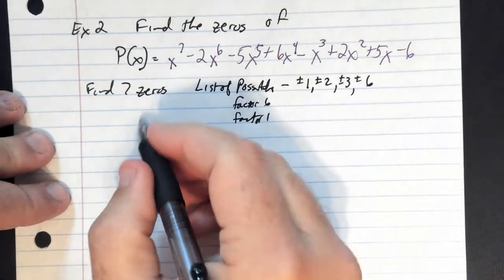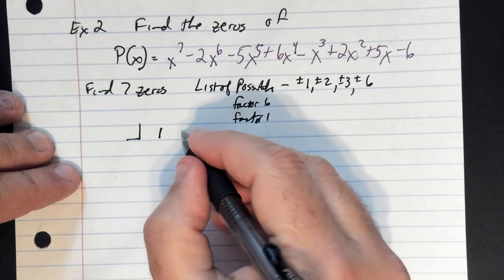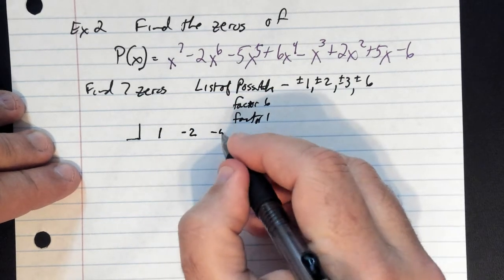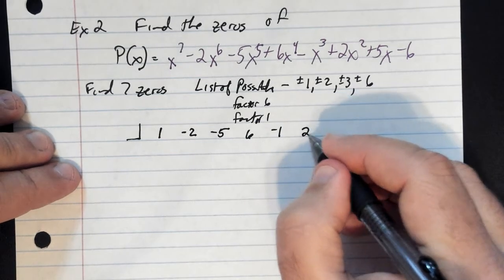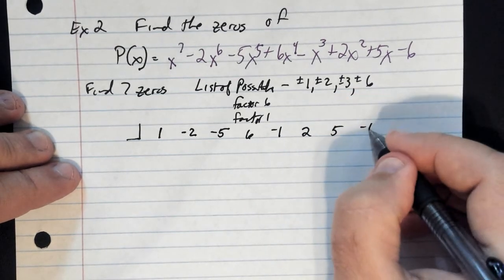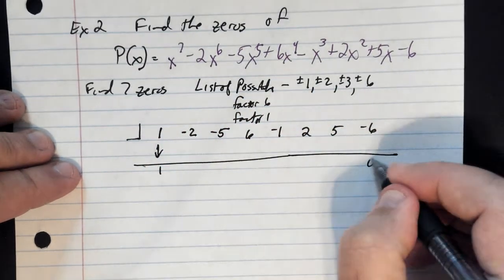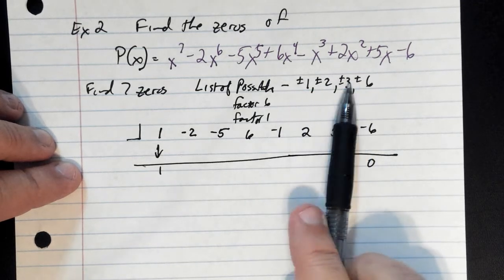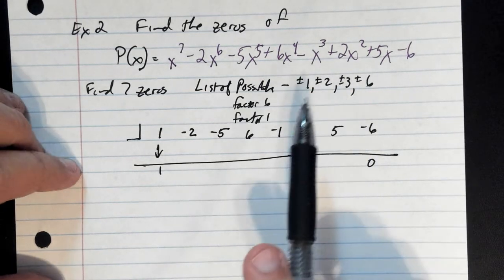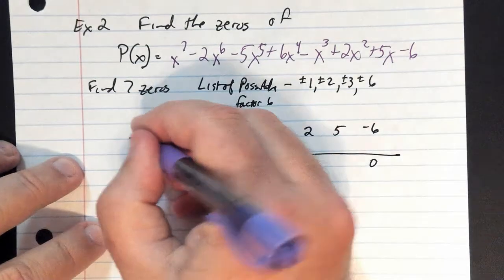So we're going to set this up in synthetic division, and a pencil is really better because they're not always going to work nicely. Our goal is to bring the first one down and get a 0 here. I'm going to start picking from my list, starting with 1.